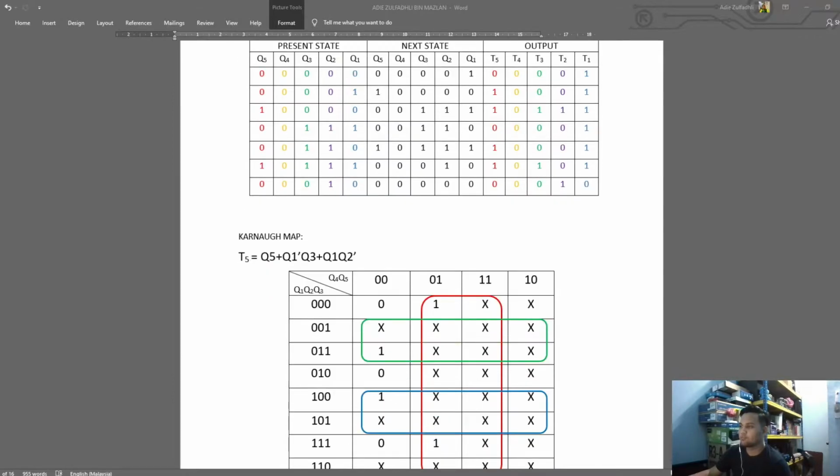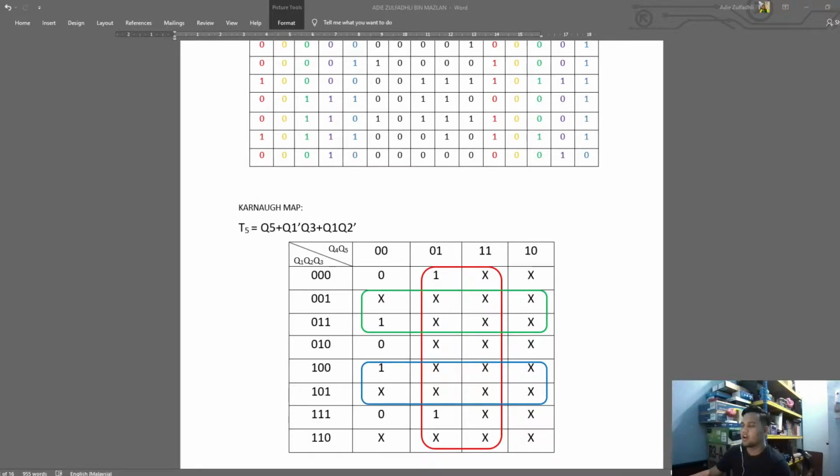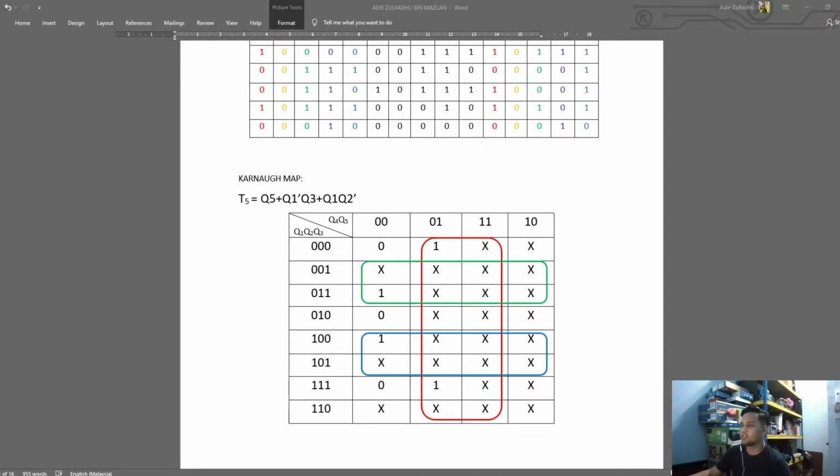From the excitation table that I got, I made a Karnaugh map, K-map, to get the equation. So here is T5. For T5, I made an excitation Karnaugh map to get the equation.